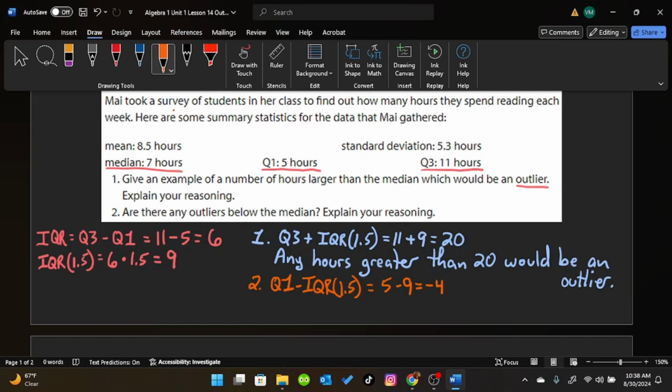It would be impossible for students to read negative hours. So the answer would be there are no outliers below the median.